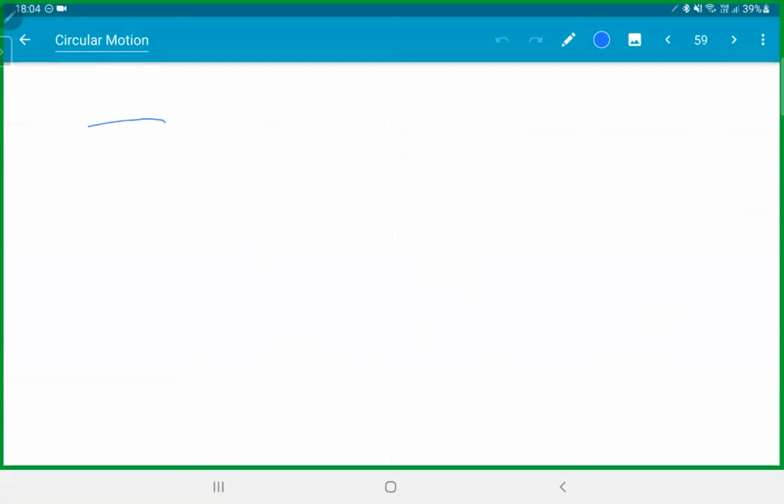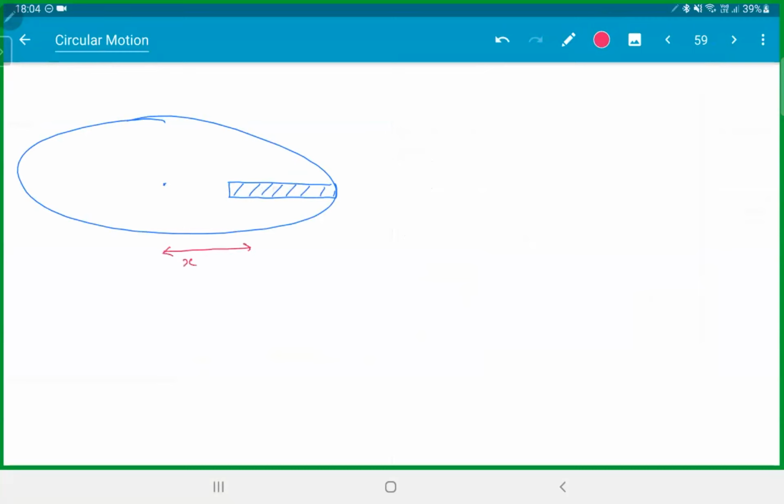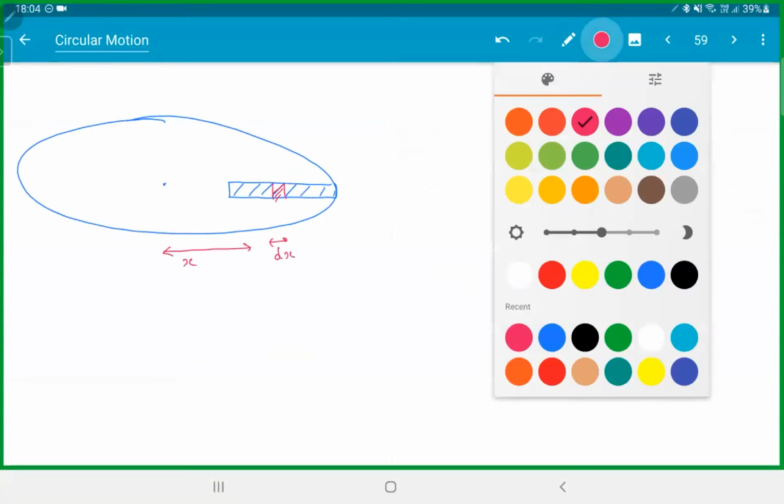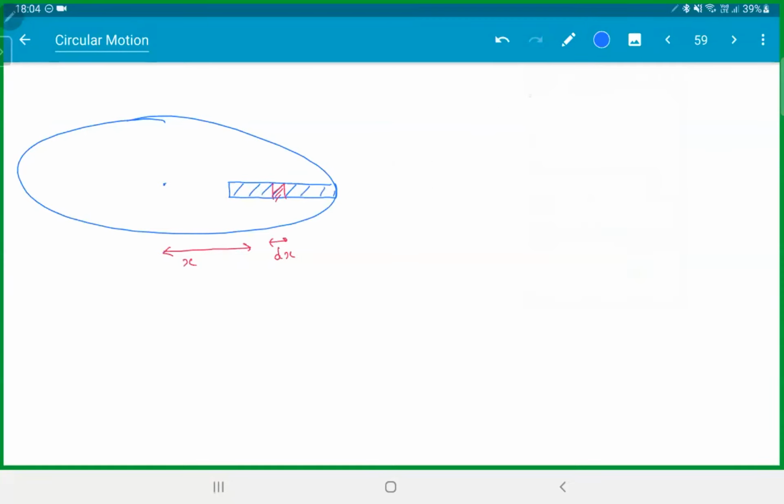Now, there are two things here. At a distance x from the center, take a small piece dx.